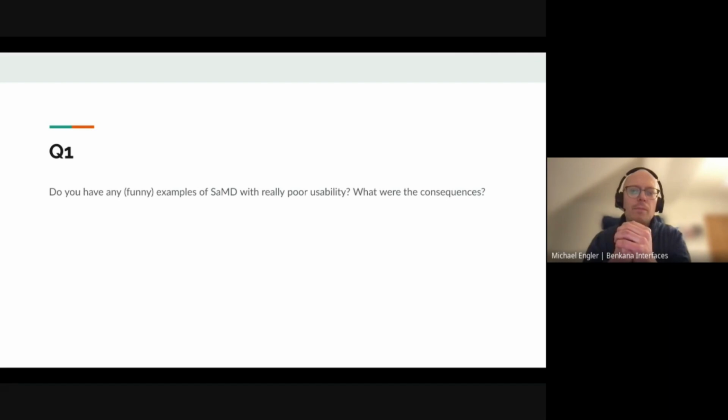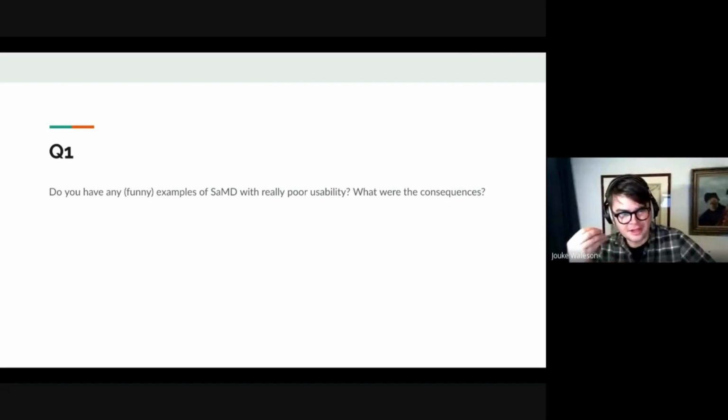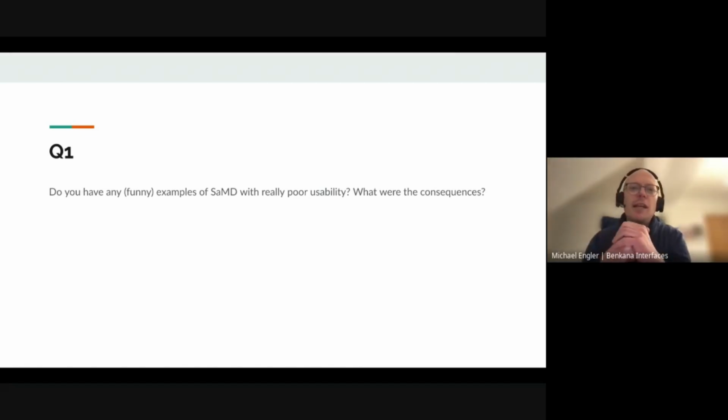And do you have an example where there's some clear finding that had poor usability? I have a killing finding. I know of a lawsuit in Germany, and I don't know the manufacturer, but that was a breathing therapy device, so a respirator, and basically it has one push button.